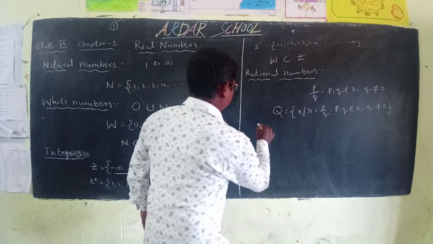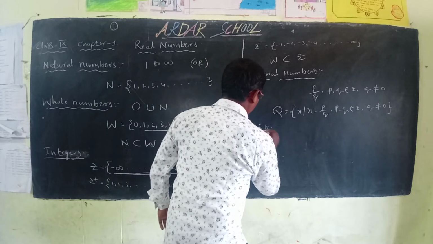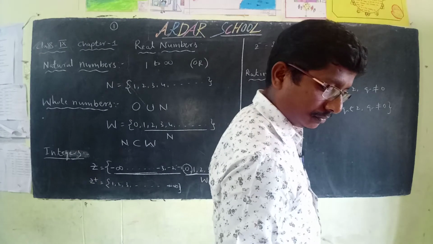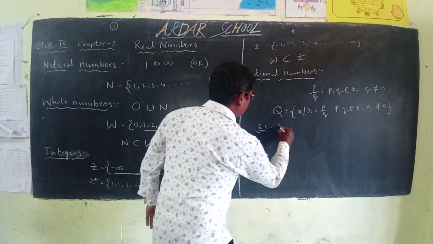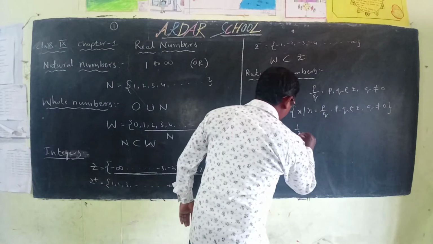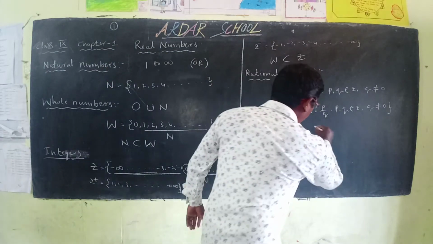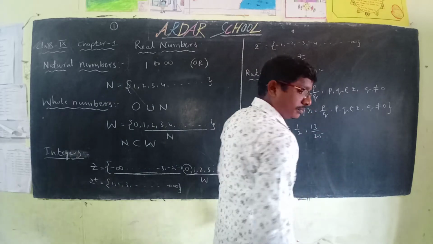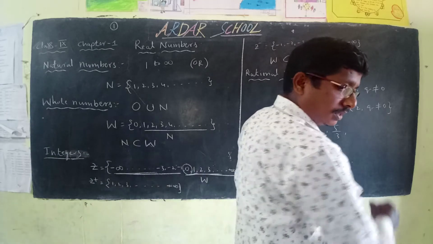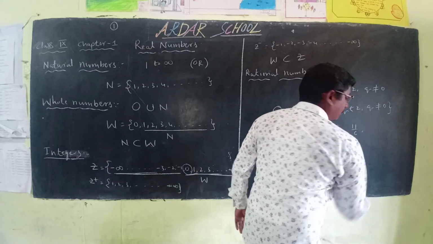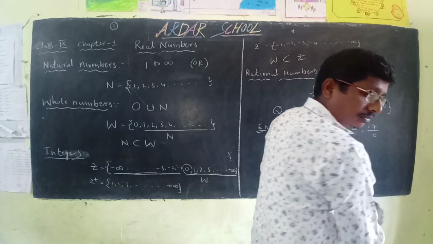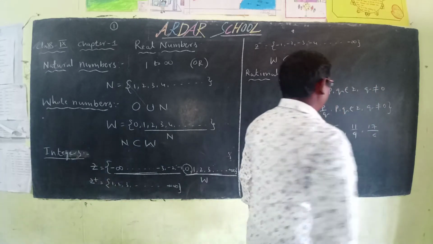For example, 5 by 2 is a rational number, and 1 by 2, 13 by 25, 5 by 3, 11 by 6, 11 by 9, 17 by 6.